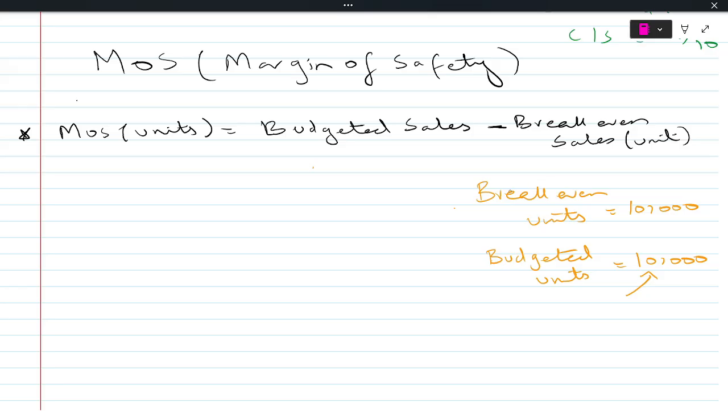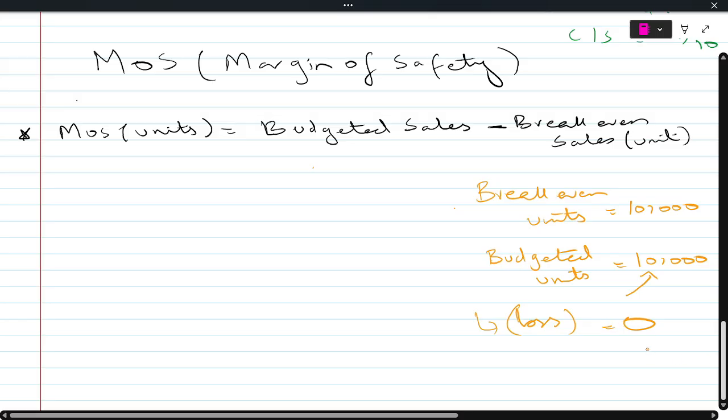We will not be able to achieve our break-even units, correct? Which means that we are going to go in a loss, right? So in terms of this particular example, our margin of safety, which is budgeted sales minus break-even sales, would be 0. There is no margin of safety, right? Are you getting it? Right?